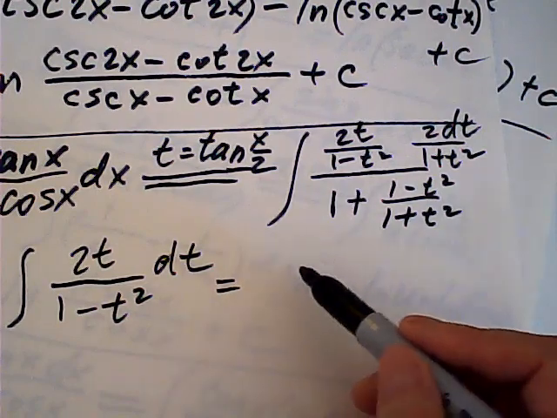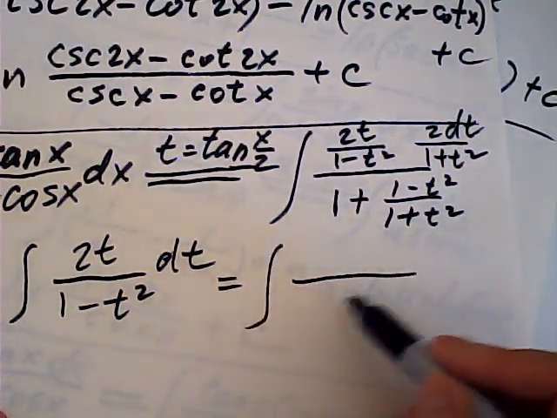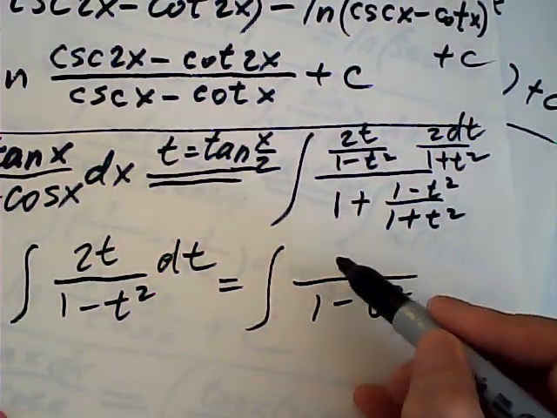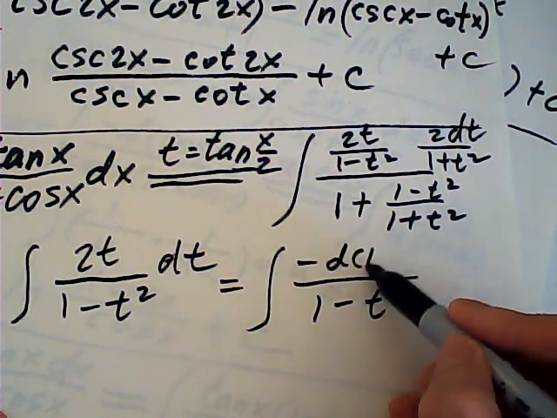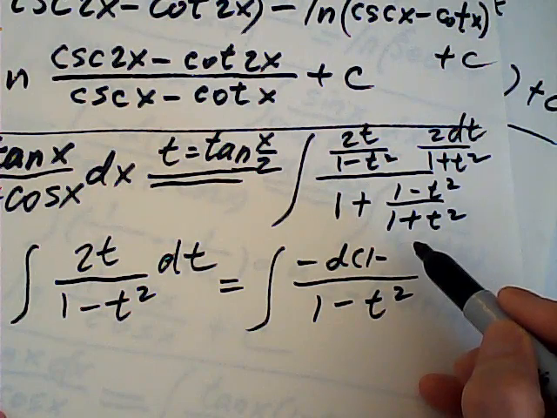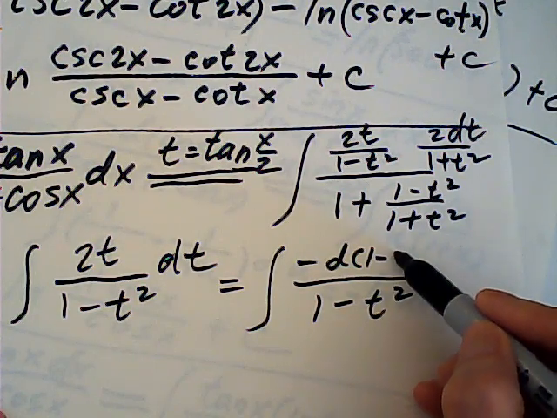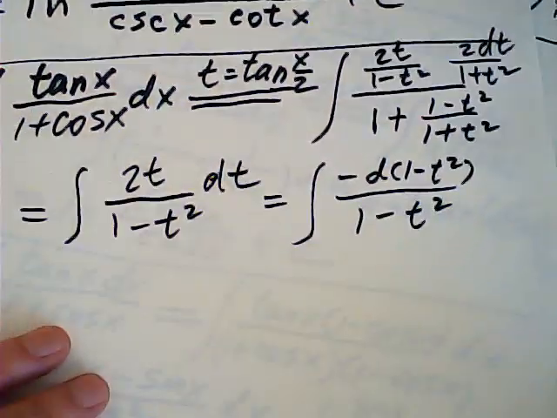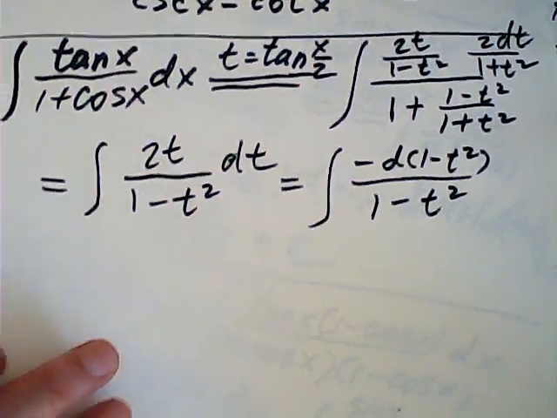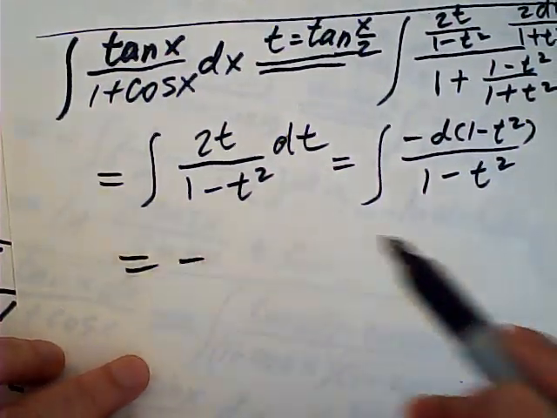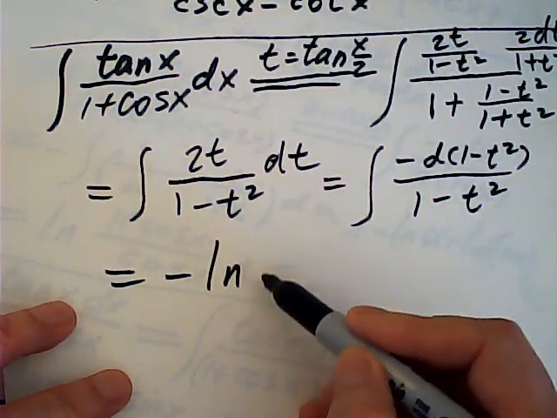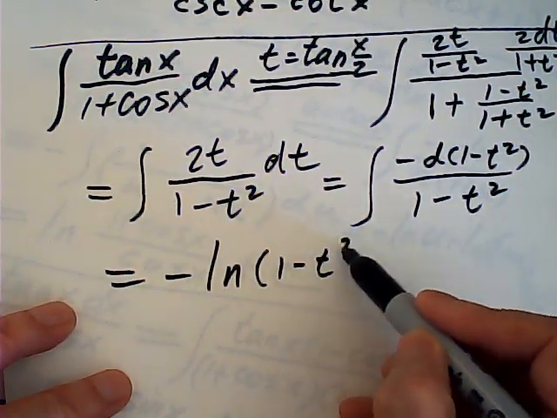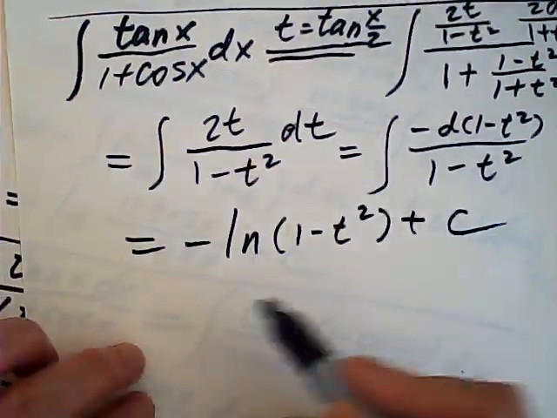Okay, this one is equal to negative d of 1 minus t squared over 1 minus t squared. Yeah, so this one is equal to negative natural log of 1 minus t squared plus C.